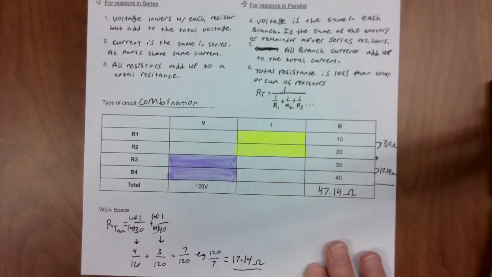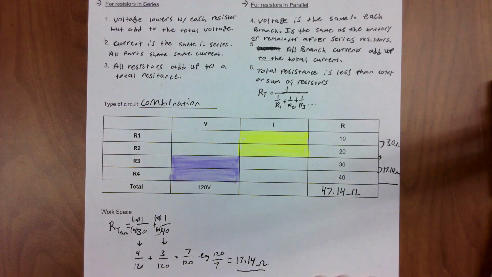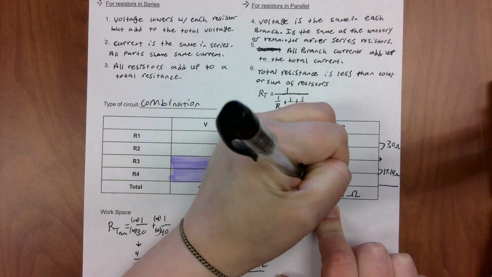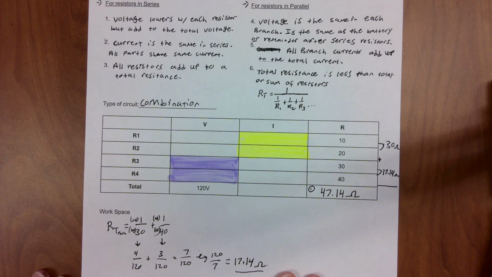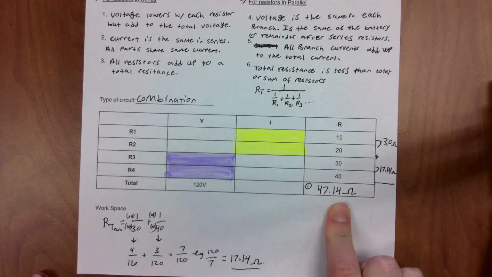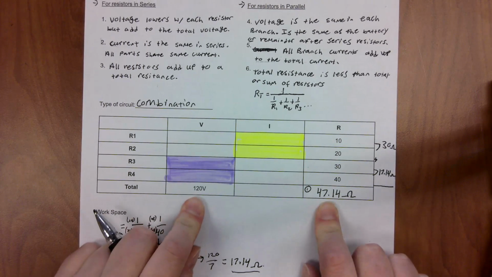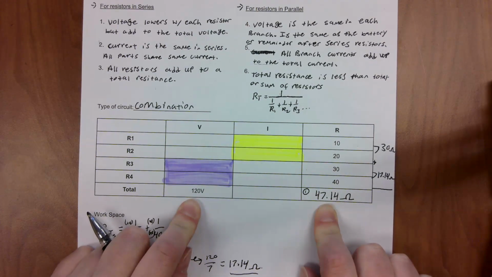Okay, so that is how we used our rules to figure out that we had to figure this box out first. This is our first box. Once you have this one clue, now we can start filling in other boxes, because as you remember before, we now have 2 of the 3 parts of Ohm's law to help us out.